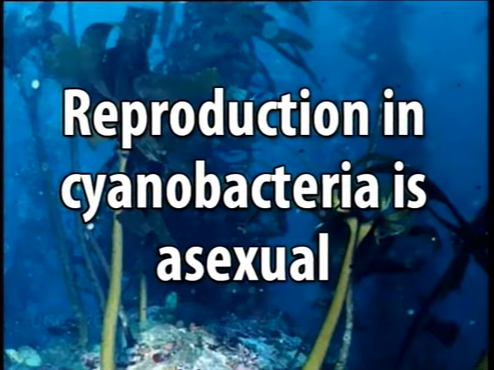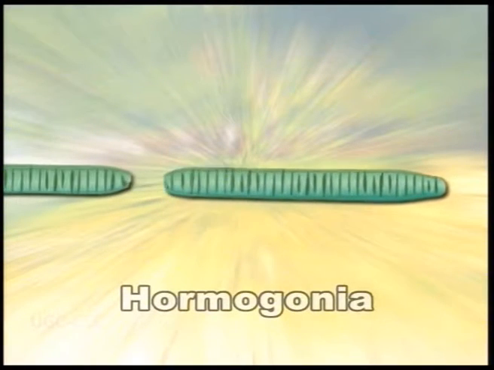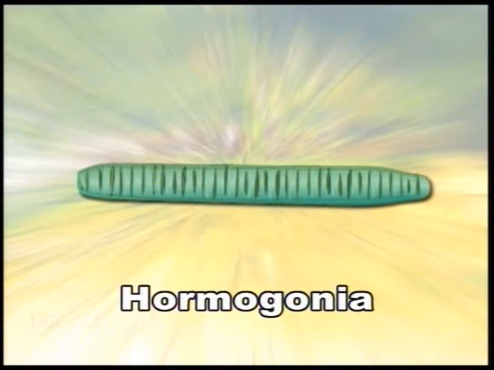Cyanobacteria generally reproduce asexually. I mean, the only means of reproduction in cyanobacteria is asexual. Filamentous forms reproduce by trichome fragmentation or by formation of special structures, which we call hormogonia. Hormogonia are distinct reproductive segments.